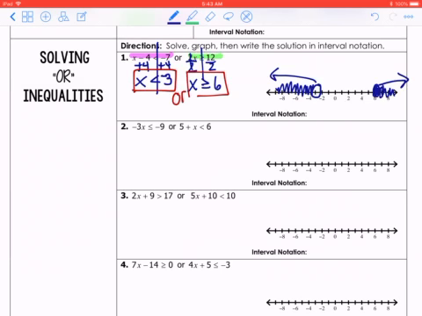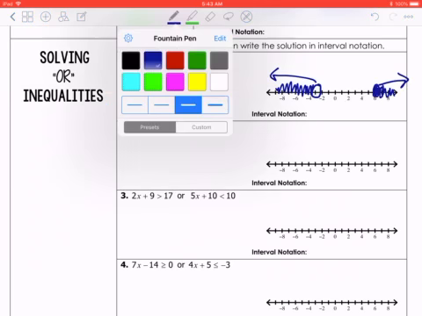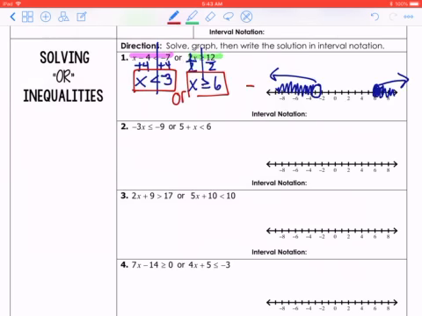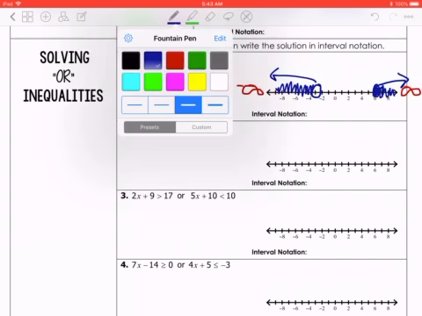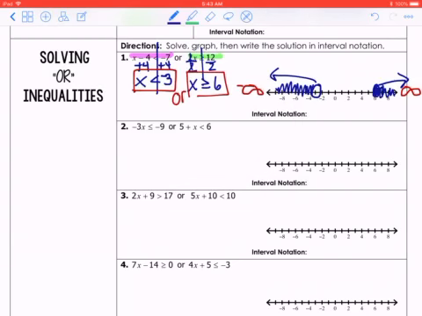Now we need to do interval notation. Remember, that's where you have the brackets or the parenthesis. I should have shown you this in the example and I forgot. This side is negative infinity and this side is positive infinity. So when I write my interval notation, for the first one, x is less than -3, I'm going to have parenthesis, negative infinity, because that's the lowest it'll go, and then -3, parenthesis, because it was not included.